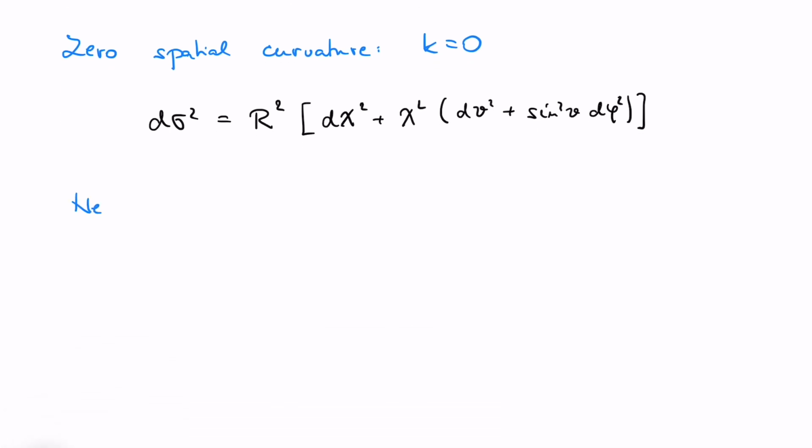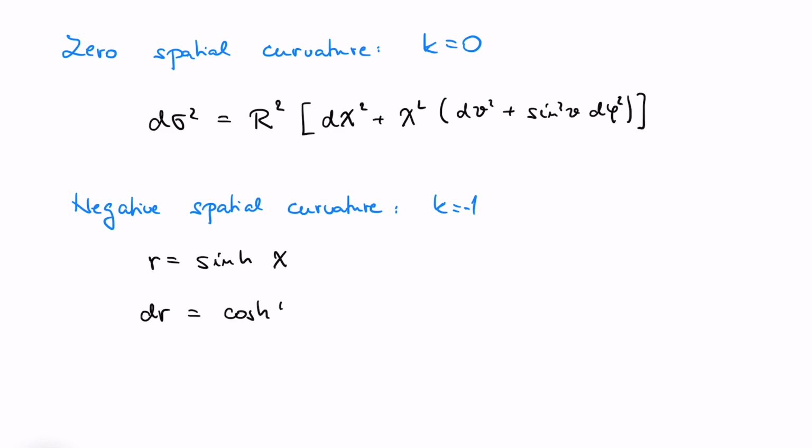The last possibility is that the spatial curvature is negative. Again, we substitute r, but this time with hyperbolic sine, so that we cancel the metric component at dr squared.